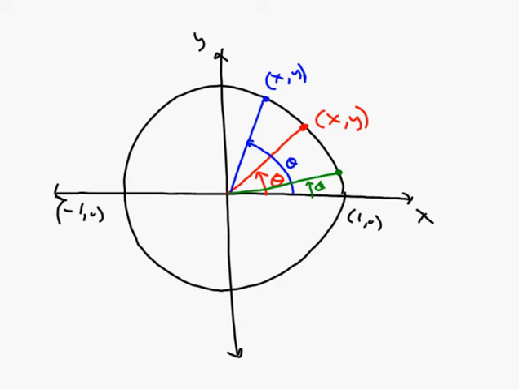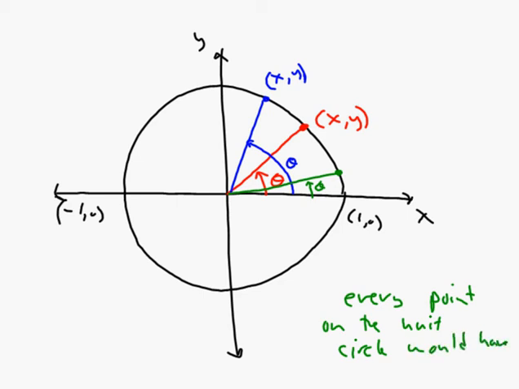Okay? So I'm mentioning this because what that means is that every point on the unit circle would have a unique value of theta.